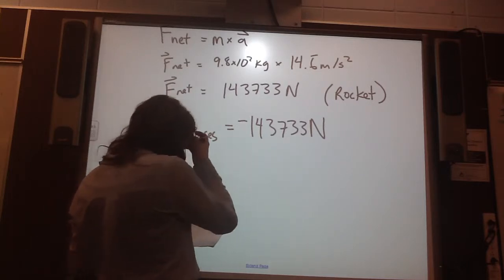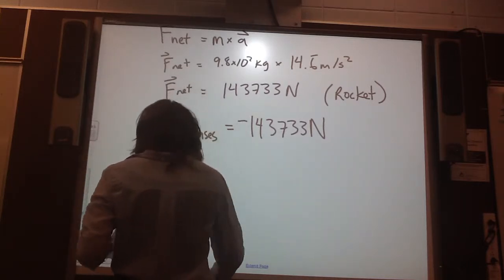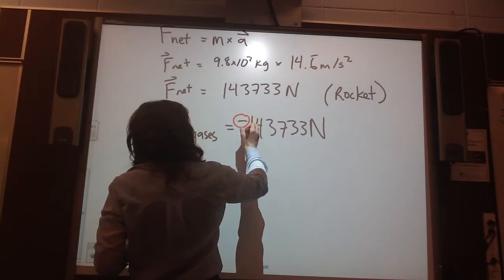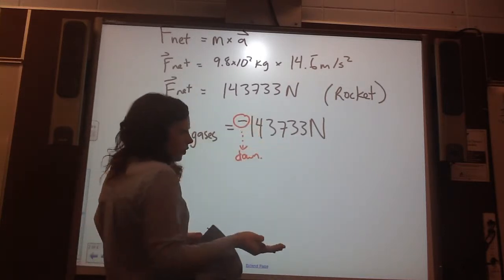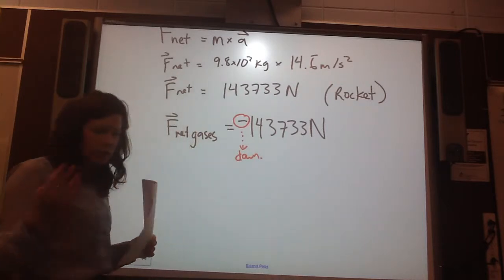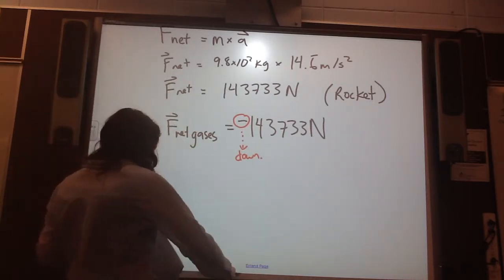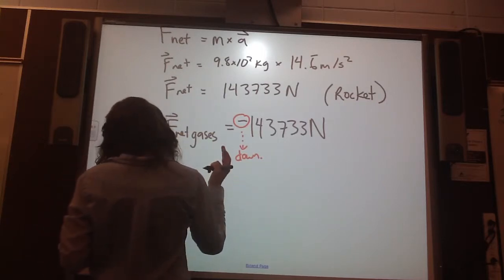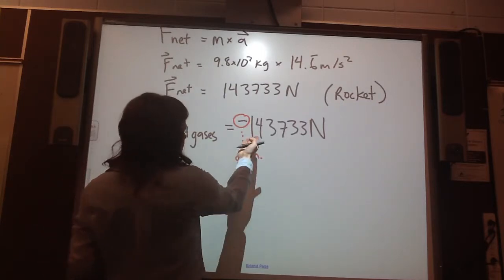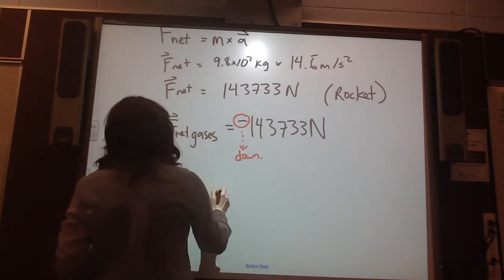Okay, well now I'm going to put this into sig digs. And instead of using a negative, I can quantify that as being down, transferring our negative value into an actual direction. So my final answer, to 2 sig digs, we'll need to go into scientific notation.